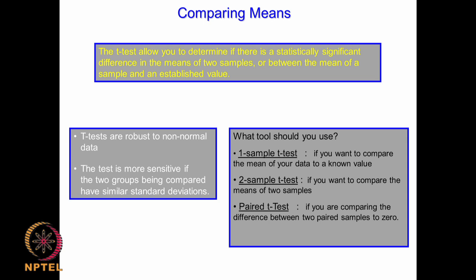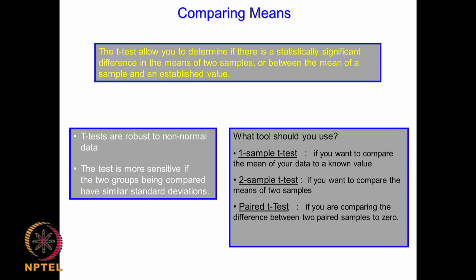I can collect the IQ of 10 students in a university and then try to say whether the mean IQ falls within the university average IQ or falls outside that. So, that is a 1 sample t-test. Here we are taking only 1 sample. In a 2 sample t-test, I have 2 sets of samples.